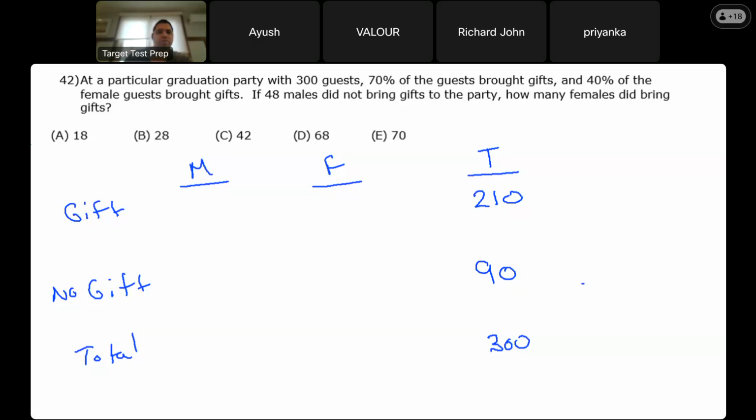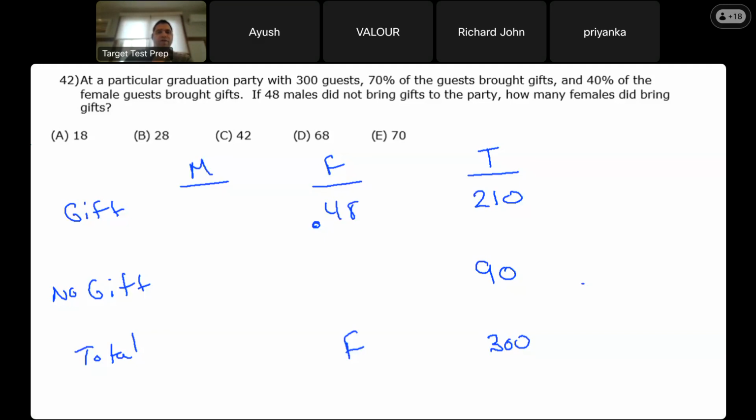Then we have 40% of the female guests brought gifts. We don't know the number of females, and we know that 40% of them brought gifts.